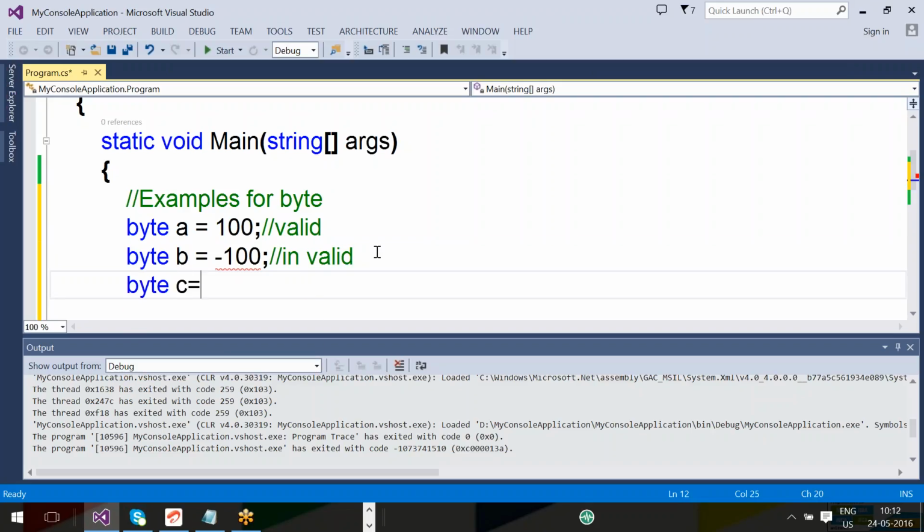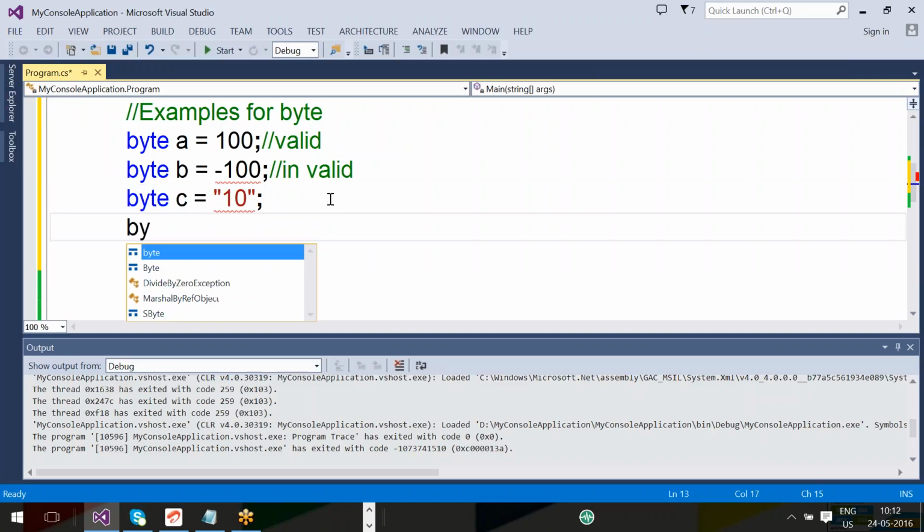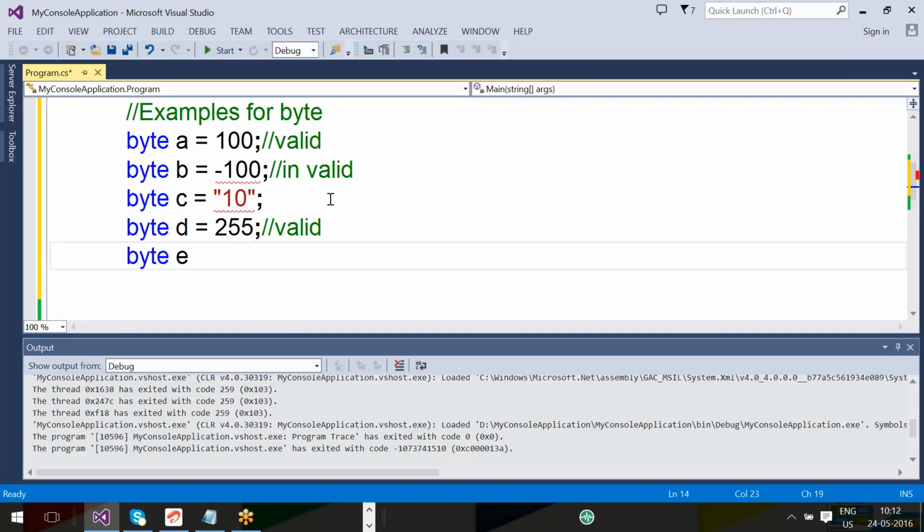Byte C equal to "10" in double quotes, valid or invalid? Invalid, because it is string data. Next, byte D equal to 255. Valid. Byte E equal to 256. Invalid.